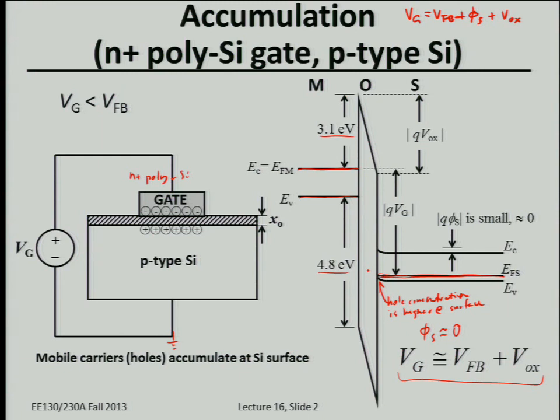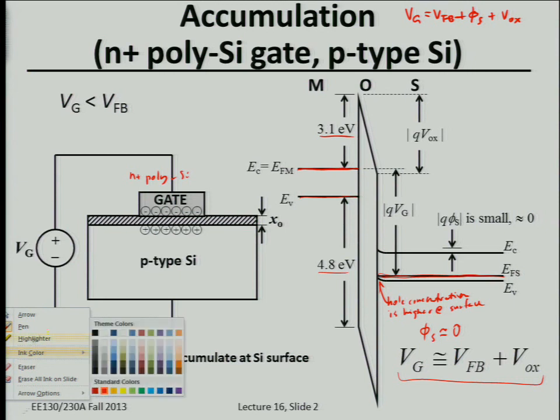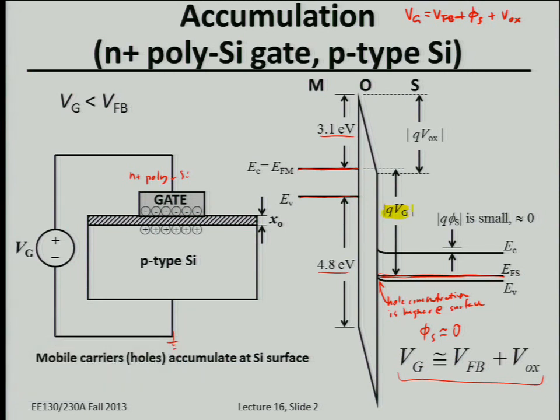Looking at this energy band diagram, as I mentioned before, the difference between the Fermi levels gives you the magnitude of the applied gate voltage between the gate and the silicon. That's an important thing to notice. You look at the Fermi level in the gate and the Fermi level in the semiconductor.